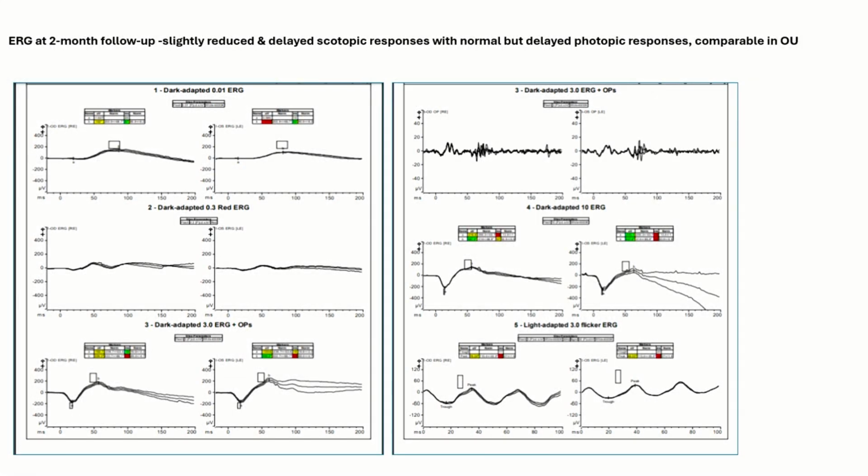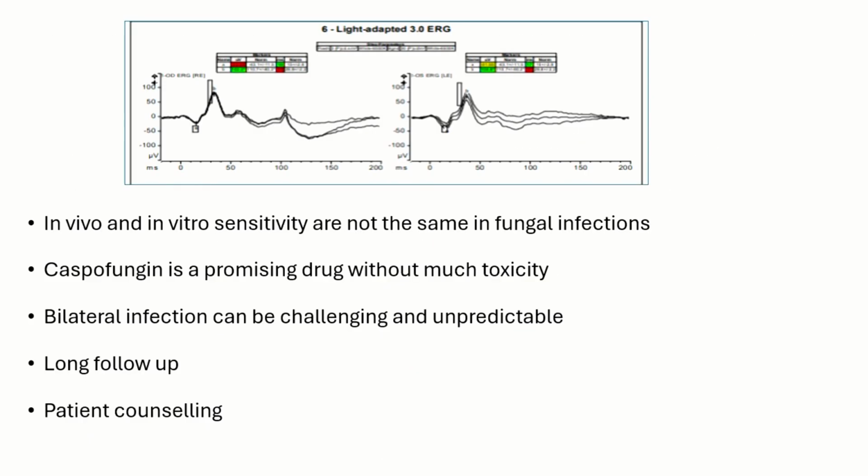And I did the ERG at 1 month because there are no studies on caspofungin toxicity in human eyes. They have studied only histopathology and ERG in rabbit eyes. So the responses were reduced, mainly some post-infective, post-operative sequelae, but comparable in both eyes. So we can say it is still a safe drug.